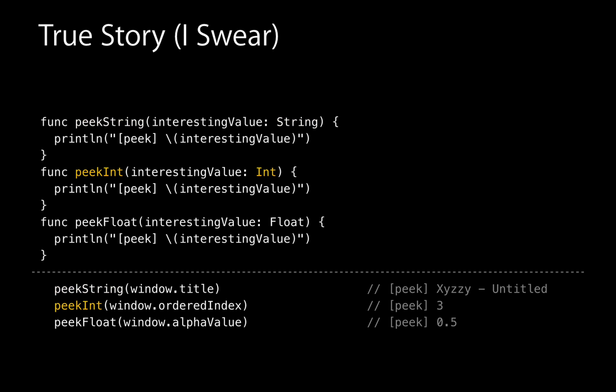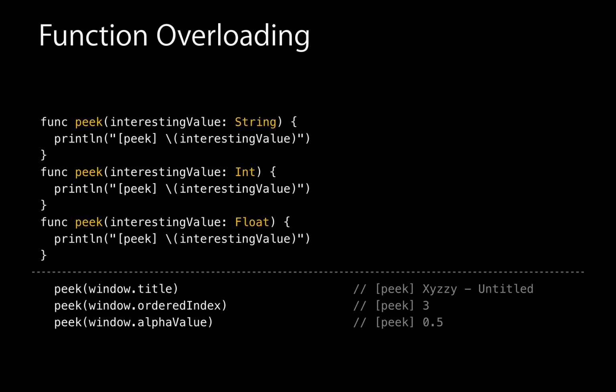But it turns out, every once in a while, even old Krusty takes a step into the future. And one day, he strode into my office and announced that he had rewritten his logging to use overloading. He said to me, Dave, Swift takes a look at the arguments I'm actually passing and figures out which function I want to call.